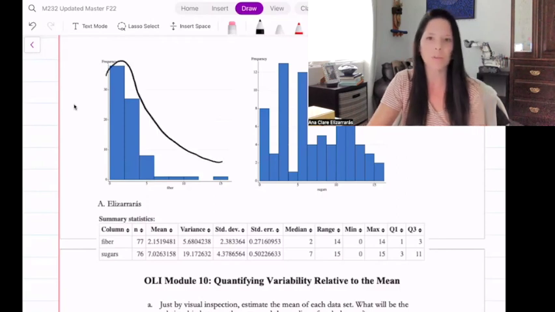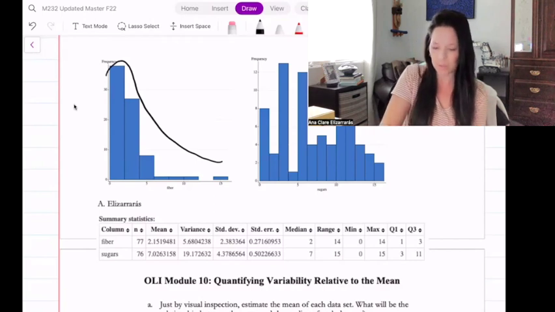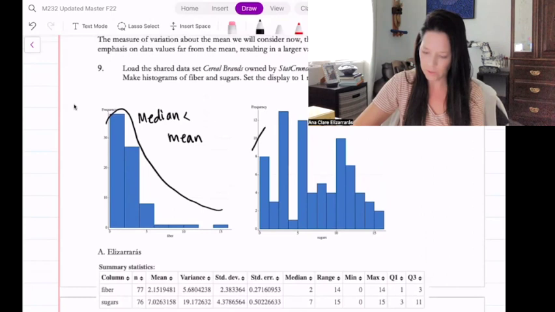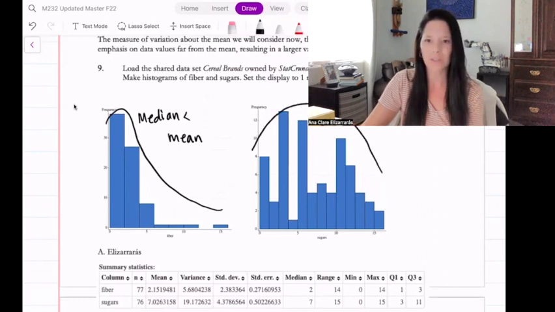And in a skewed distribution, the mean is always towards the tail. So in this case, the mean is going to be greater than the median in this fiber distribution. So the median will be less than the mean. And for sugars, it's a little bit more symmetric. So we could say that the median is roughly the same as the mean.